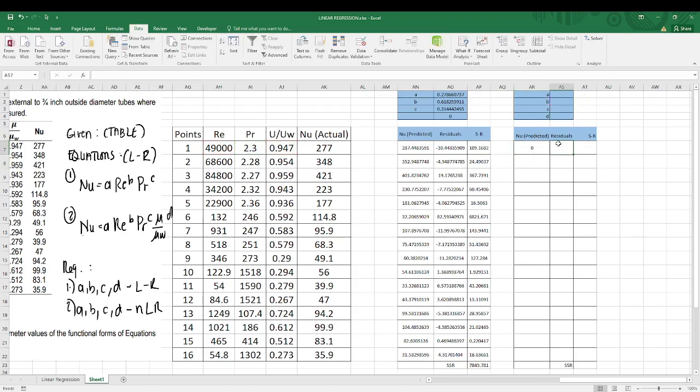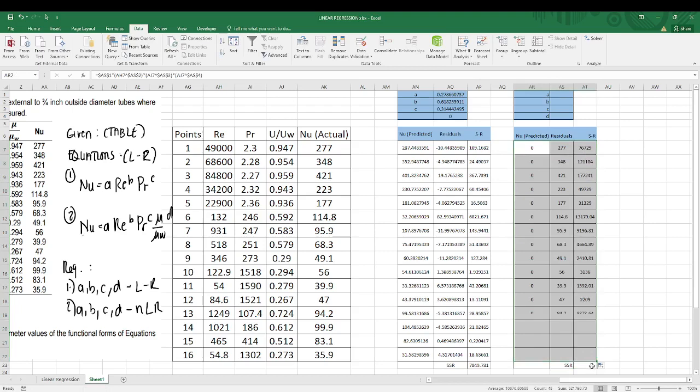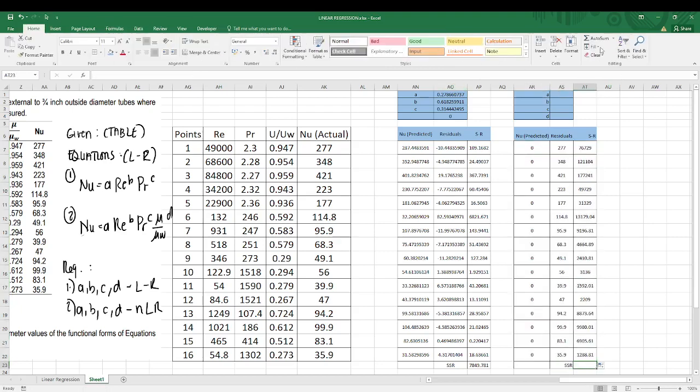Then the residuals should be equivalent to the actual minus the predicted, and this should be the square of the residual. Then you could drag this one and have the sum of the squares of the residuals.